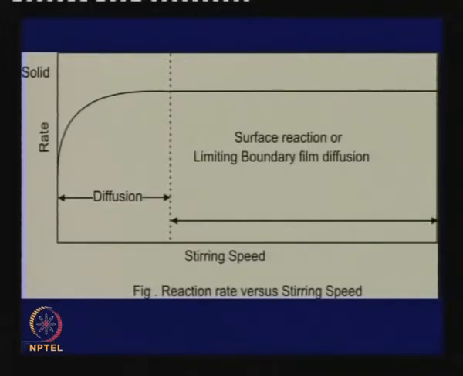But if you plot the stirring speed against rate, we find that beyond a certain stirring speed, the rate of diffusion cannot increase, because the boundary layer thickness has been reduced to the minimum. So, then only temperature will have to be increased.